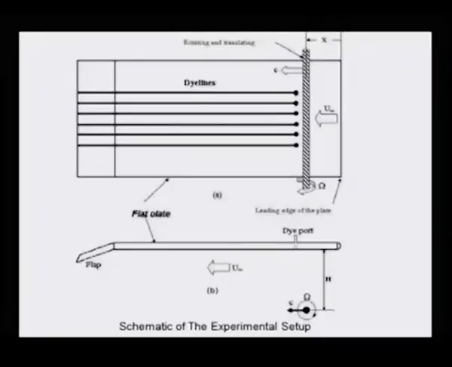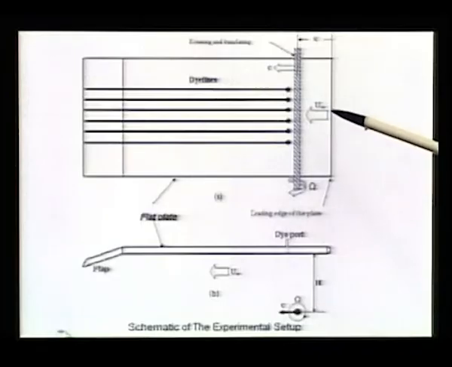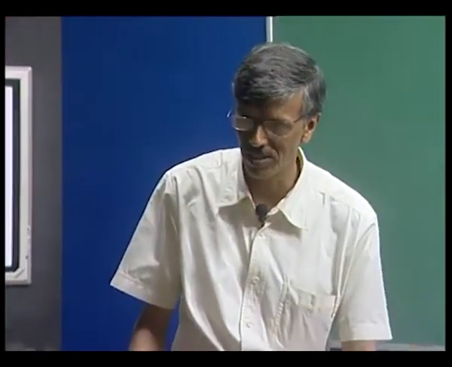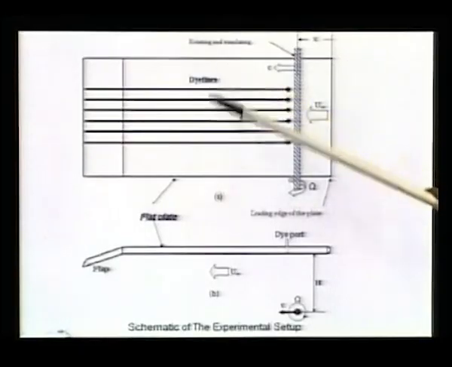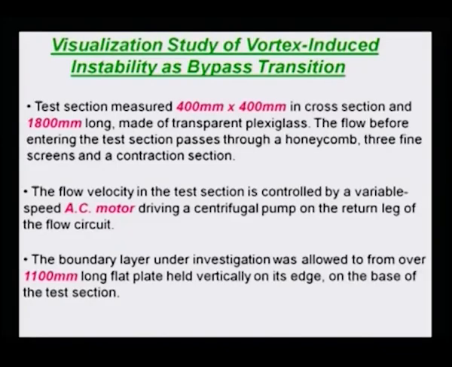If I don't have the cylinder, those dyes go in a straight line, and that establishes that the flow is perfectly two-dimensional and there is no pressure gradient. Once you start the experiment, this dye will fluctuate. These dyes will suffer enhanced mixing, chaotic motion, all kinds of things.